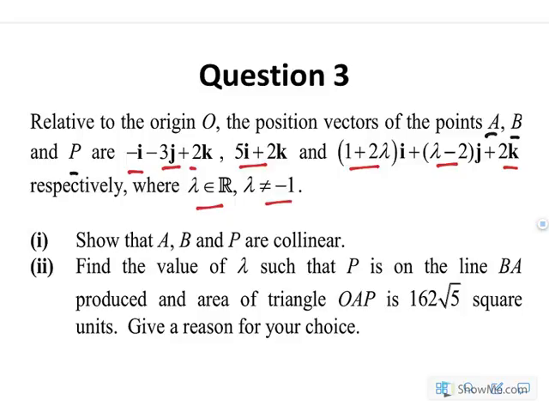So how do we show collinearity? Very simply said, in the visual sense, we want to show that A, B, and P have the same direction vector. Or can we say that basically we just need to show that they are scalar multiples of each other.